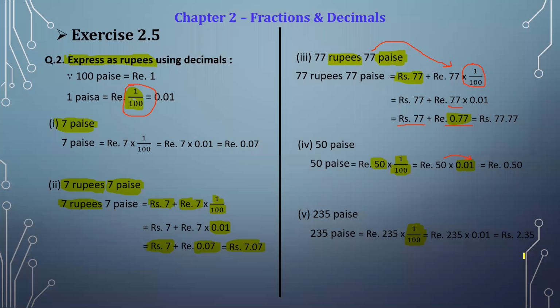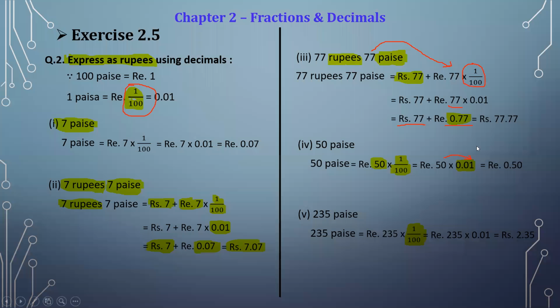So the final answer is Rs 2.35, because those remainders are carried forward. First we write down 5, then 3, then 2. So Rs 2.35 is the final answer for question number 5 from question number 2. In this way we can convert paise into rupees.